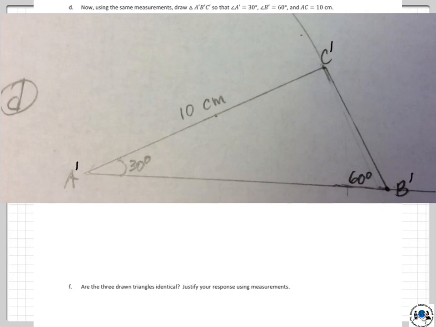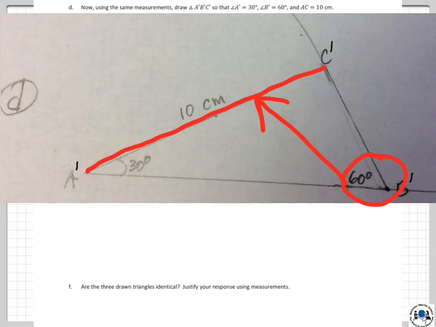Instead of having the segment between angle A and angle B as being 10 centimeters, we had this line here between angle A and angle C. Okay, we could also say in terms of where it's positioned, that the 10 centimeter side is opposite of angle B. Okay, all right, it's also opposite of angle B. Okay, and one more to go.